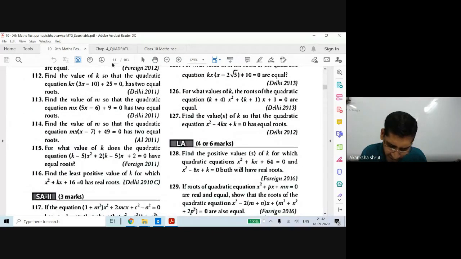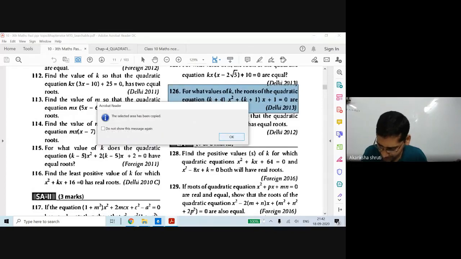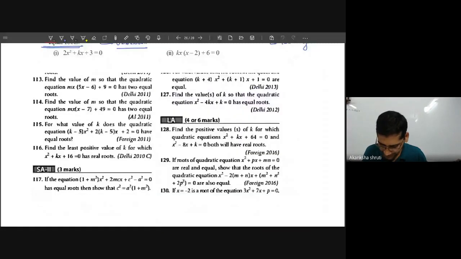Just for your understanding, I will solve one more question. It is important one because the k is distributed here.